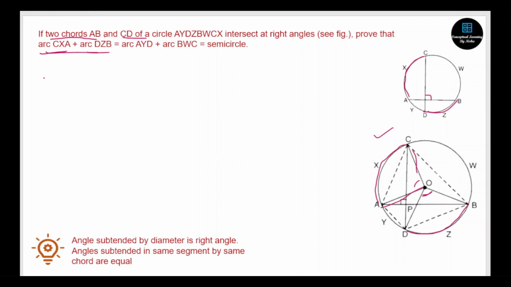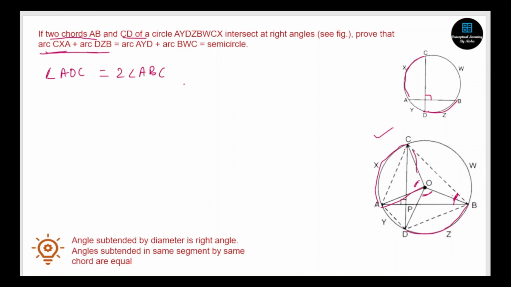I'm taking angle AOC. So angle AOC equals, now we learned that the angle subtended by an arc at the center is double the angle subtended by the arc at any other point of the remaining circle. The same arc will make this angle also, angle ABC. So this is nothing but twice angle ABC.